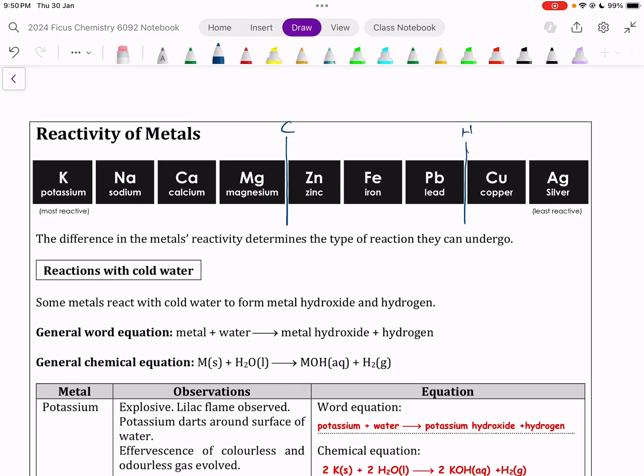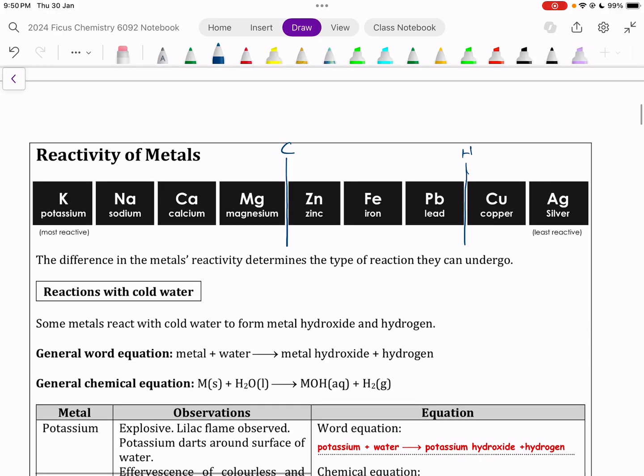there are some acronyms that can help you. Potassium is the first member, the most reactive. The least reactive is silver.